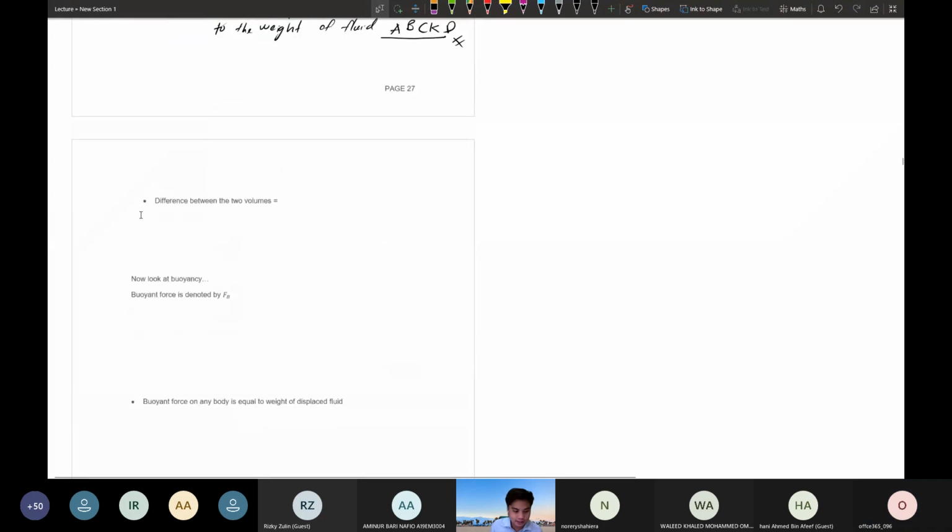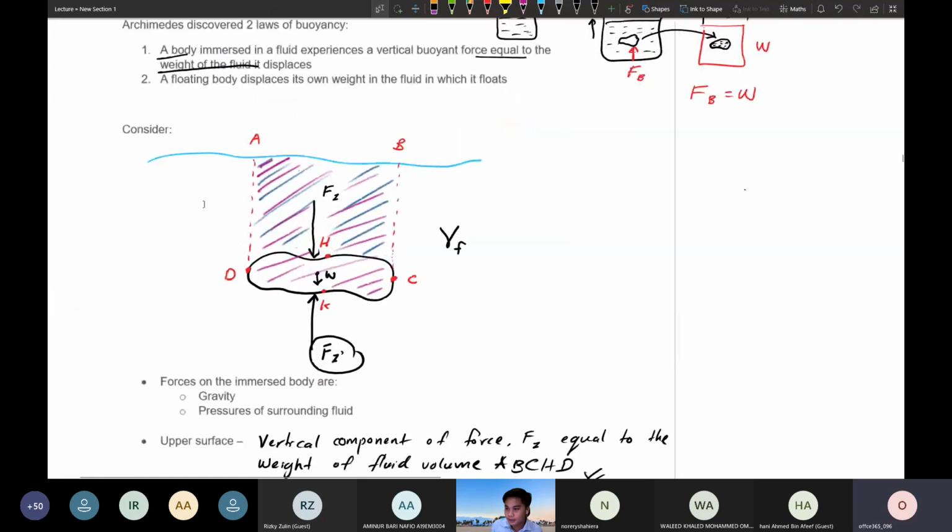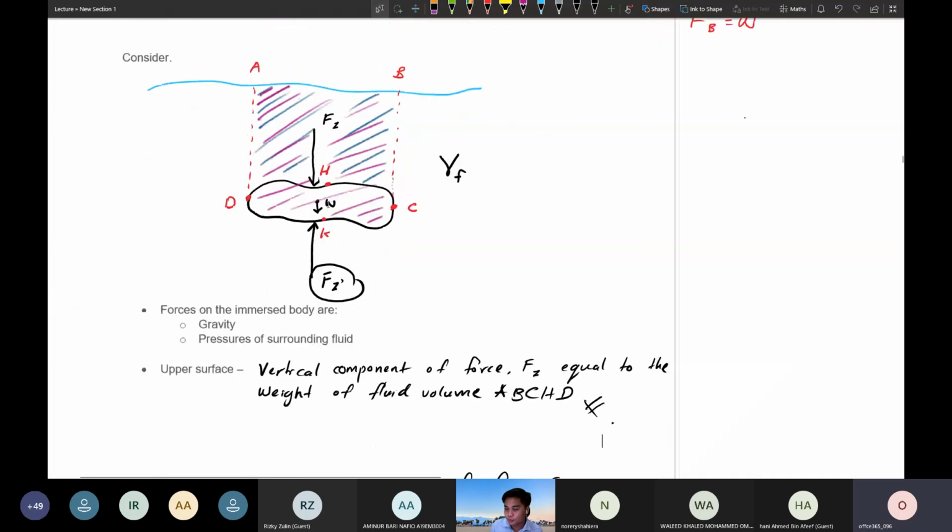The question asks, what's the difference between two volumes? The difference is D, H, C, K. Yes. So this is the difference, right?